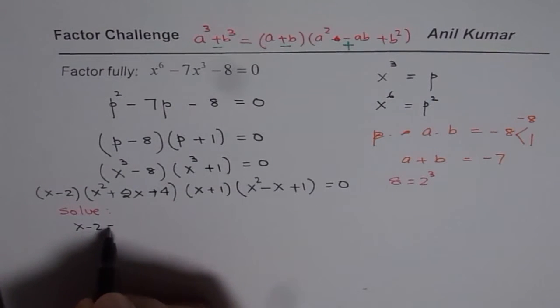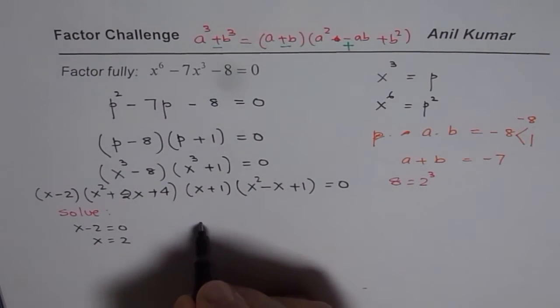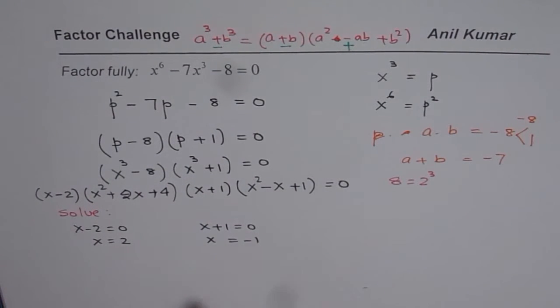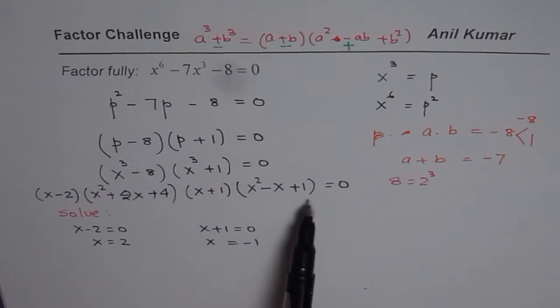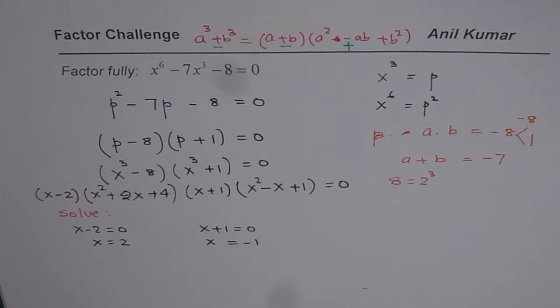X minus 2 equals to 0. That gives us x equals to 2. And then we have x plus 1 equals to 0. That gives us x equals to minus 1. Correct? So we have the factored form, which I could write here as our answer.